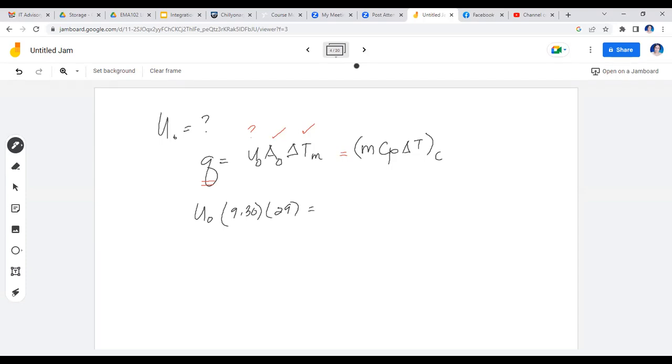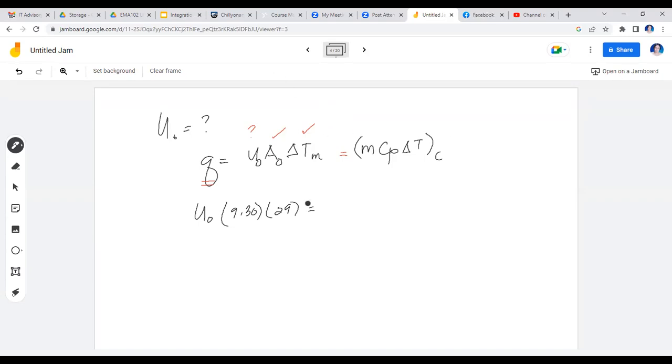Now, by the way, why are we not going to use the MCP delta T of the hot water in this case? Anybody?